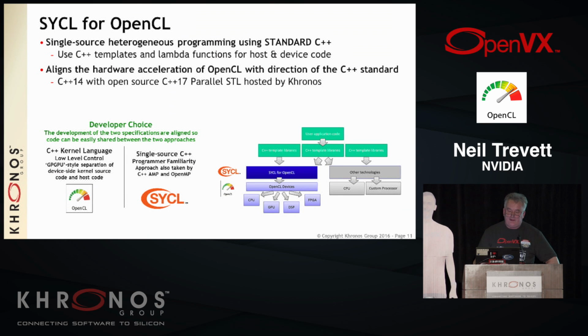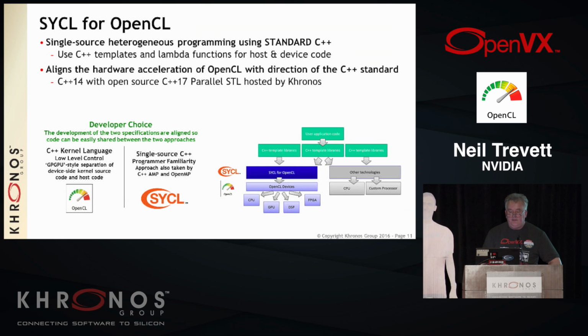SYCL we're going to talk about in the next session in more detail, but it's interesting because it's easy for people that want to use a single source approach. They can write a single source code file using totally standard C++. No special changes to the C++ language. We use templates and lambda functions to split the host and device code. And we're aligning ourselves very strongly with the ISO C++ direction.